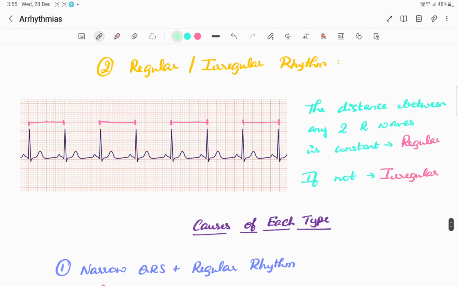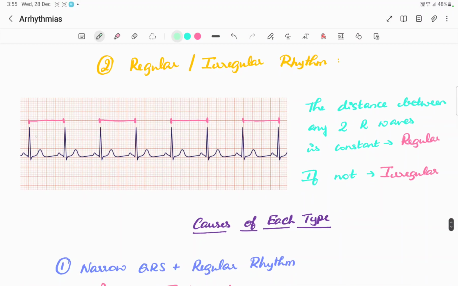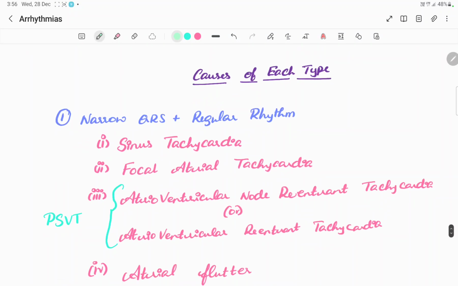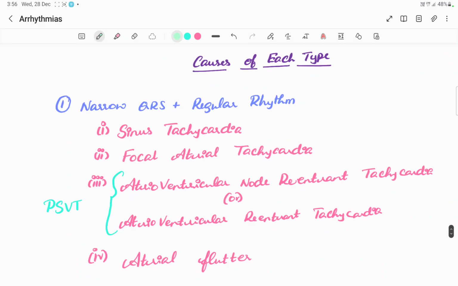So coming to regular or irregular rhythm, between two R waves, we see the distance. If it remains the same throughout the entire ECG, then it's regular. If it changes, then it is irregular. So this is how we classify tachyarrhythmias. So we'll see the causes of each type.